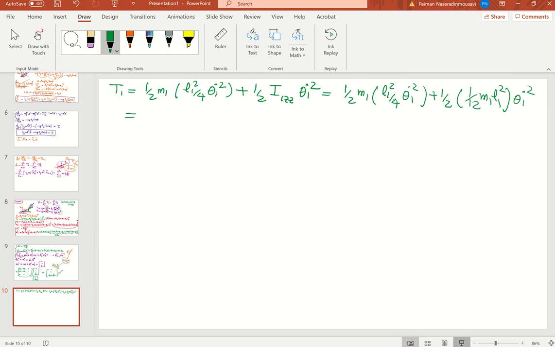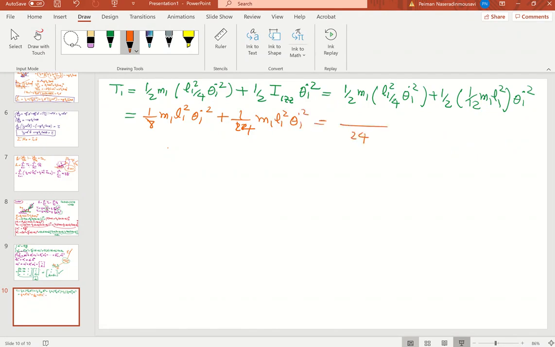So T1 is finally, let me change the color, 1 over 8 M1 L1 square theta dot 1 square plus 1 over 24 M1 L1 square theta dot 1 square.